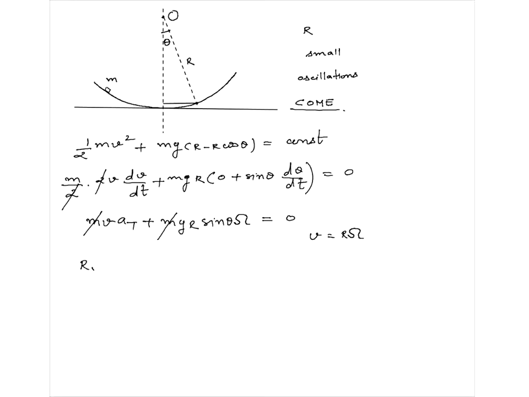AT is equal to R alpha. That's perfect. I can remove R. I can remove omega also.